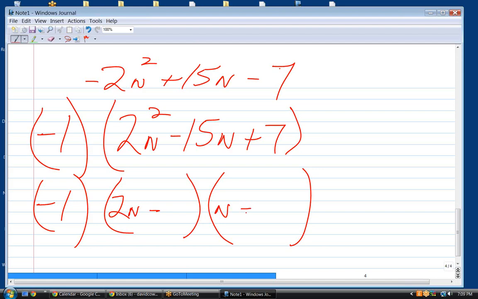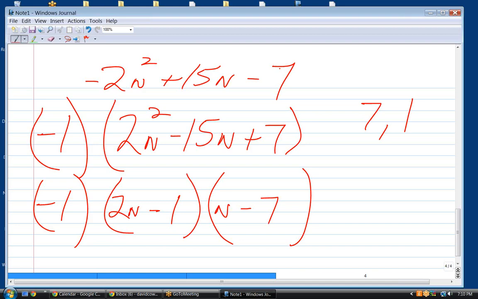Now that makes it particularly easy because there's only those factors of 7. So either it's 7 here and 1 there, or it's 1 here and 7 there. Well, this one doesn't produce 15n. So switch them, 1 and 7, and notice that does produce minus 15n as a middle term.